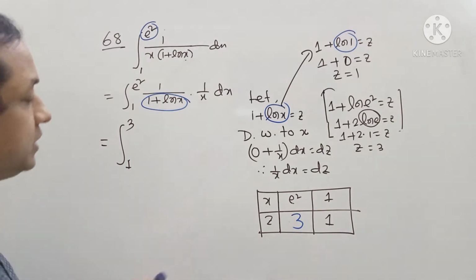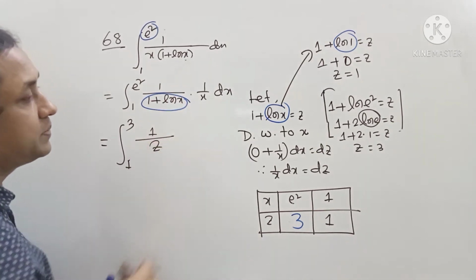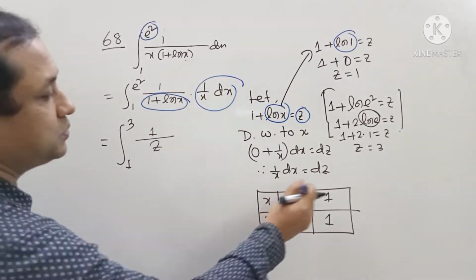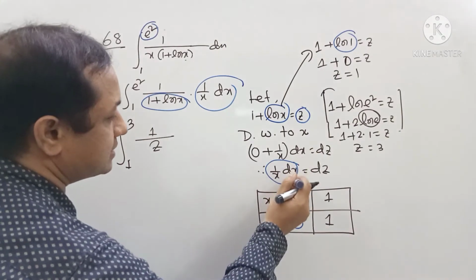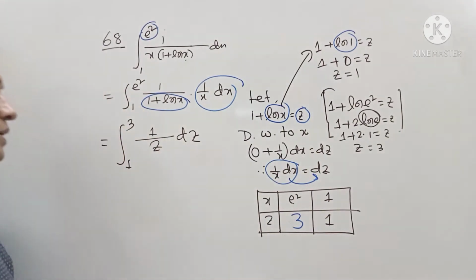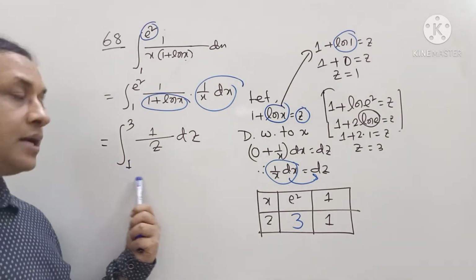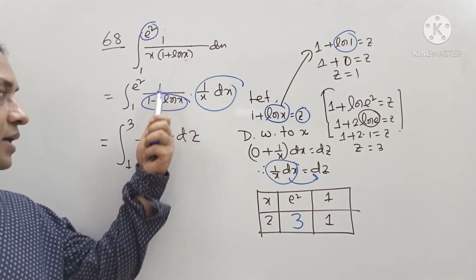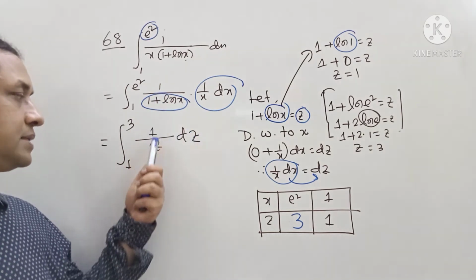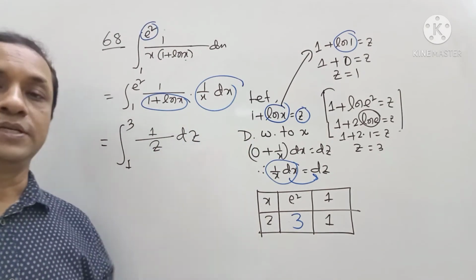And now putting the value of 1 plus ln x: 1 plus ln x means z, and 1 by x dx equals dz. Student, attention please, this line: lower limit 1, upper limit 3, and then putting the value of 1 plus ln x, which is z, and 1 by x dx equals dz.